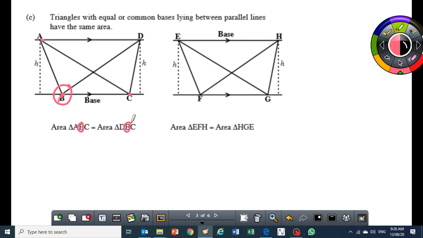So as long as any two triangles share a common vertex, their height is the same. Therefore, the ratio of the areas will be equal to the ratio of their bases.